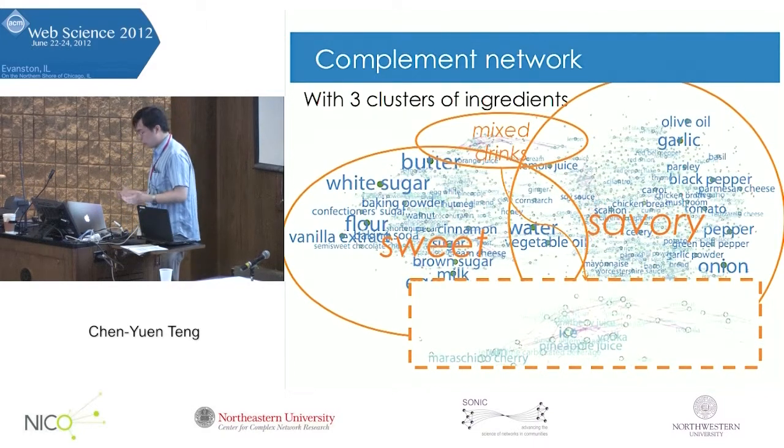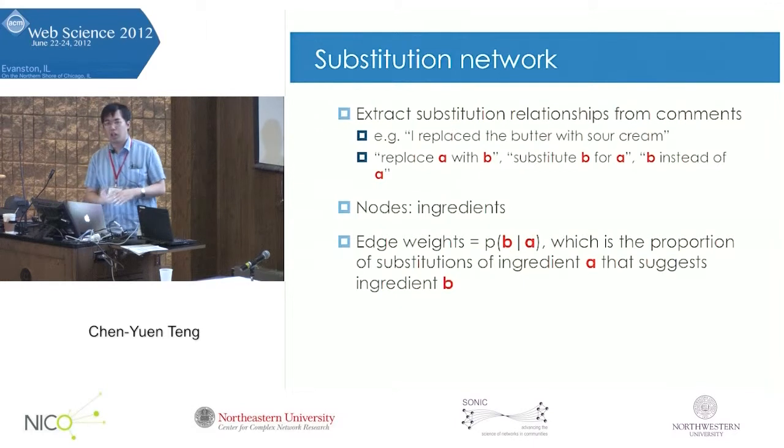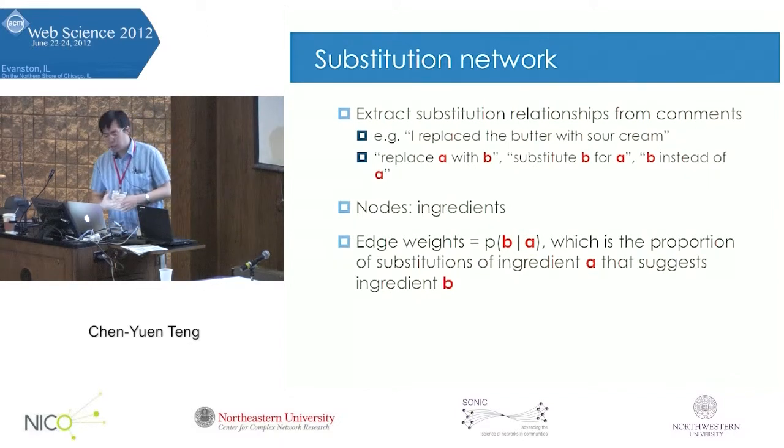Since we know how to combine ingredients, we want to know whether we can identify another relationship between ingredients. So we introduce a network called the substitution network, because when we check the user reviews, we see lots of users say, I want to replace butter with sour cream.